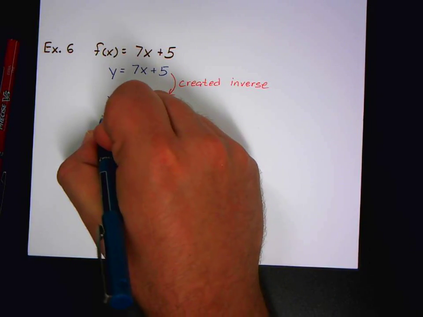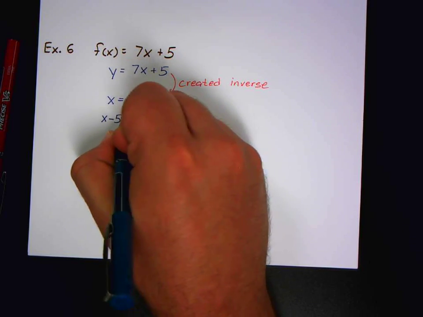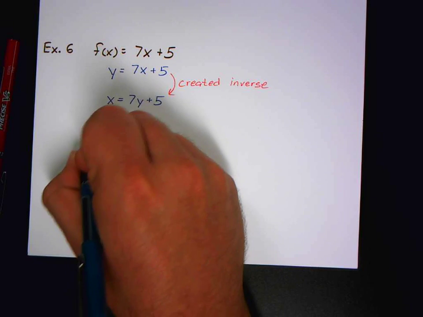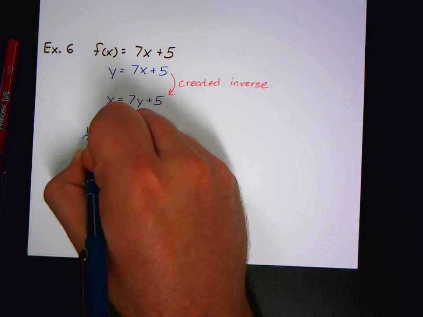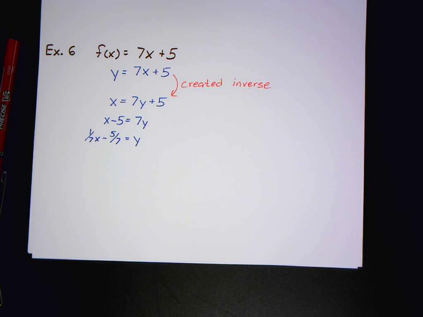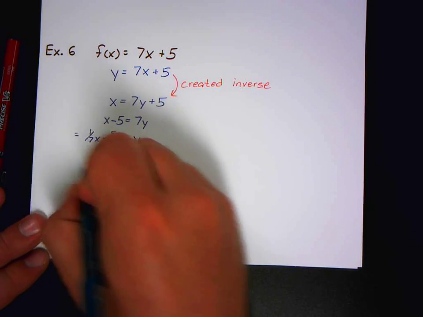All right, I subtract the 5, divide by 7. If you wanted to leave it as x minus 5, all divided by 7, I don't care. So you could also have it looking like this.